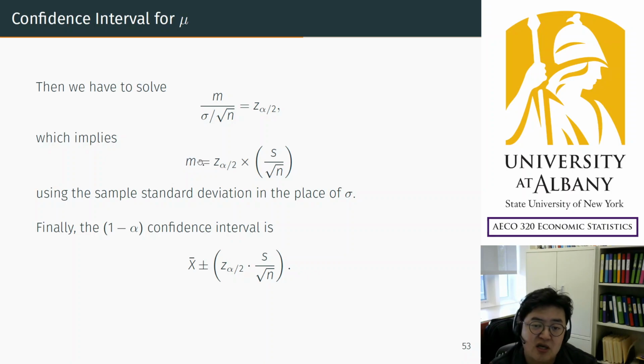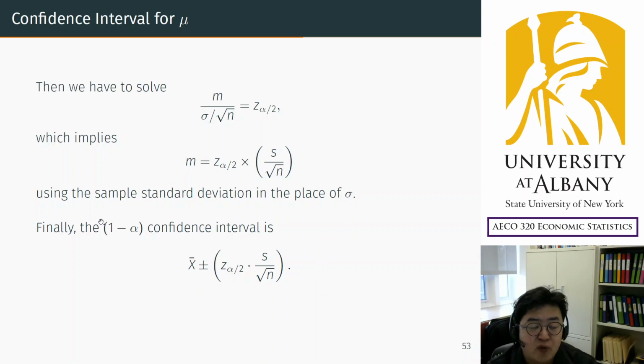Margin of error equals some standard normal distribution number times standard deviation divided by square root of n, right? So remember, this standard deviation S is an estimator for the standard deviation, right? Anyhow, so this is the general formula.